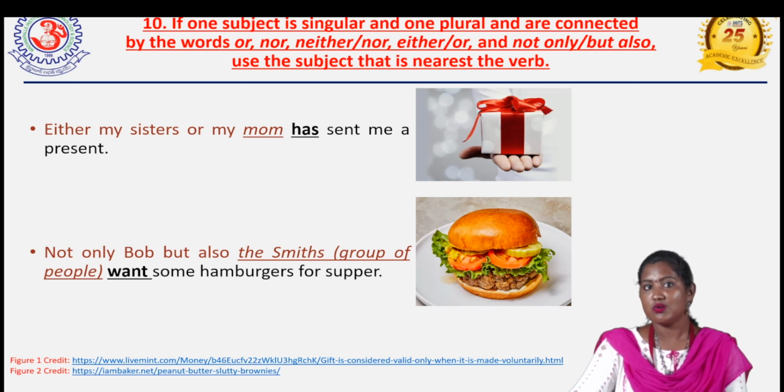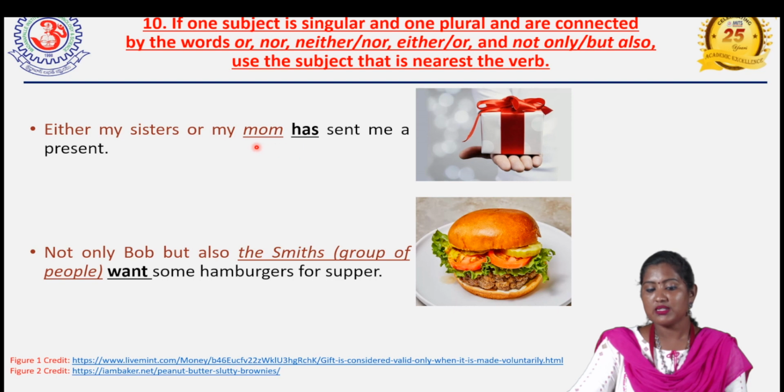As we saw the same pattern previously in the previous slides. Either my sisters, look at it, it's in plural form, or my mom has sent me a present. So you may have a doubt how to select the verb, singular or plural. As per the rule, subject verb agreement should go with the nearest verb.